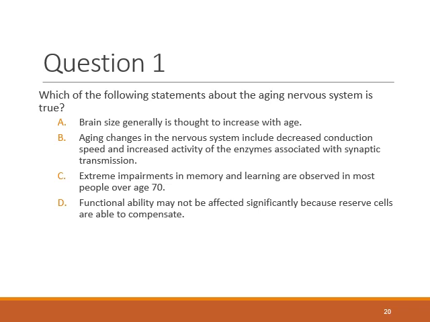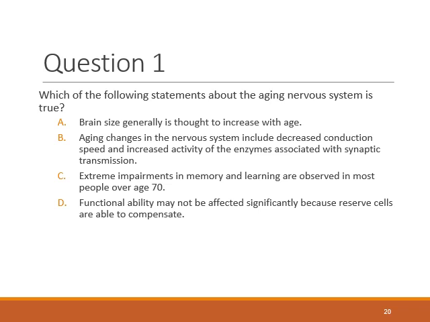Let's read the rest of the question: and increased activity of the enzymes associated with synaptic transmission. So always remember, notice I jumped to a conclusion. No. Oh, wait a minute, better read the rest of the question because it tells me more information. So when you're taking a test, read the whole question.